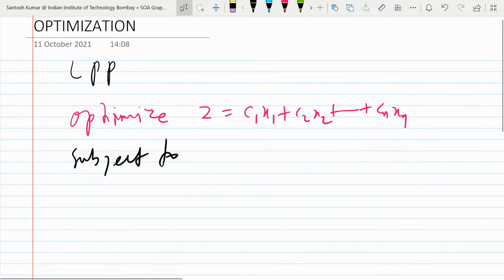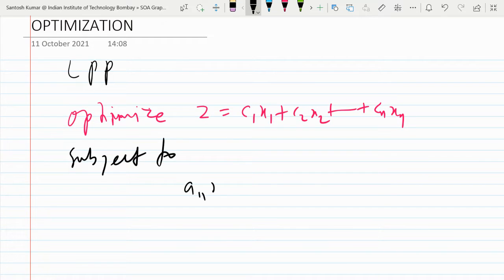So we have some constraints, so it may be like a11 x1 plus a12 x2 plus a13 x3 and so on, up to a1n xn.